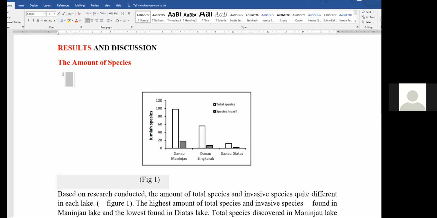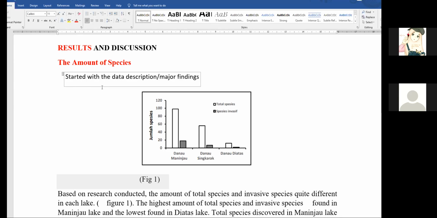Some of your friends agree that after you show the subheading, and this is the title of subsections, it will directly start with the data description. Or Ryan previously said this is the major finding. So what do you think, Elni? Do you agree that you will directly put it? Hello. Yeah.